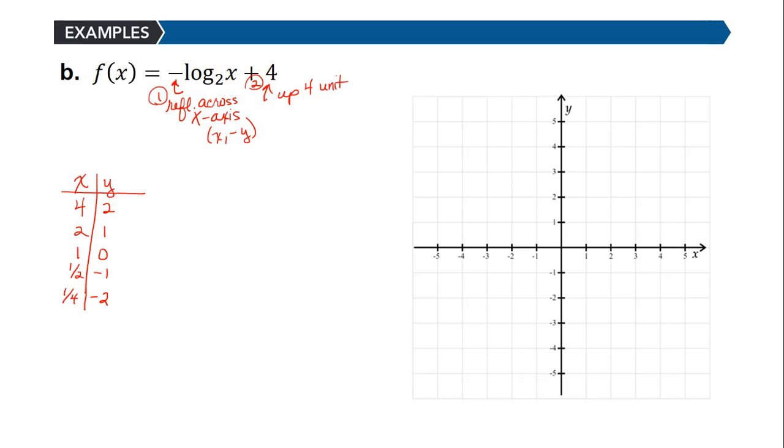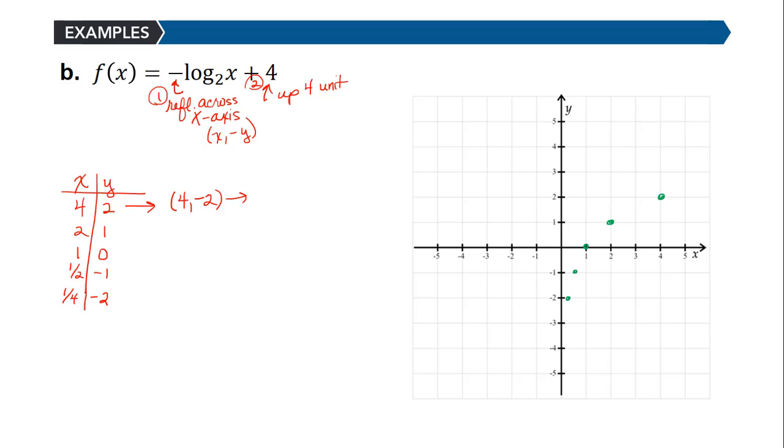So when I think about how do these transform, I'm going to put the original points in green on my graph. So I'm going to plot (4, 2), (2, 1), (1, 0), (1/2, -1), and (1/4, -2). So let's think about what the transformation would do. The (4, 2) in the reflection across the x-axis would actually become (4, -2), right?